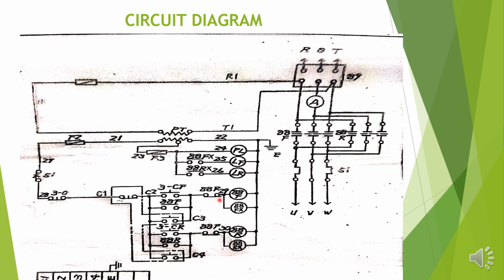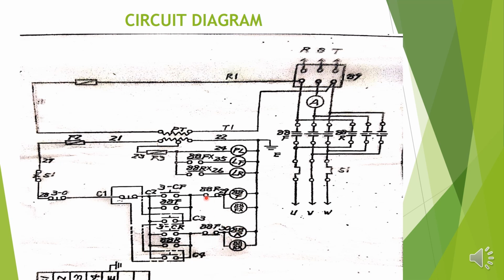So what is this 88R? You know that when 88F energizes, 88R should not be energized. That should be an interlock contact. If 88R energizes, 88F will not energize. So 88R is the interlock for the 88F, a normally closed contact of the 88R.